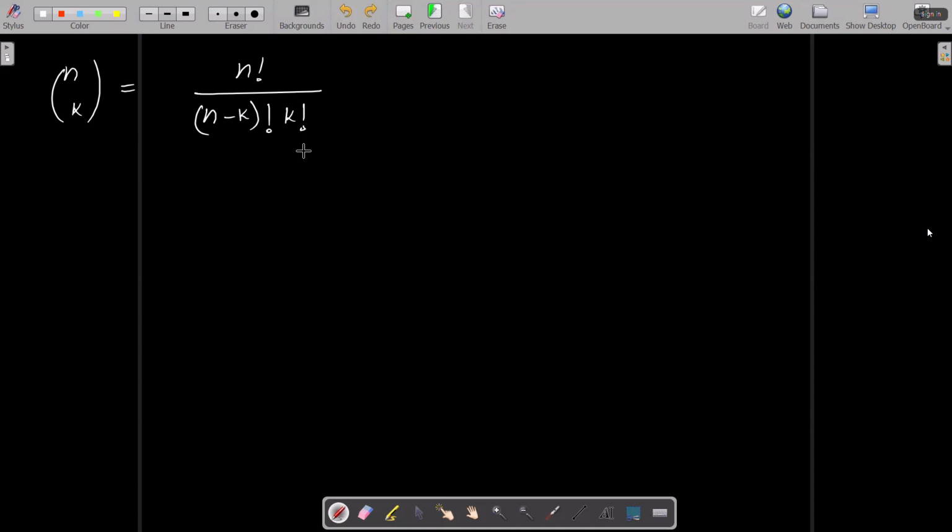Let's say k is larger than n minus k. This means k is larger than n by 2. That is obvious, right?